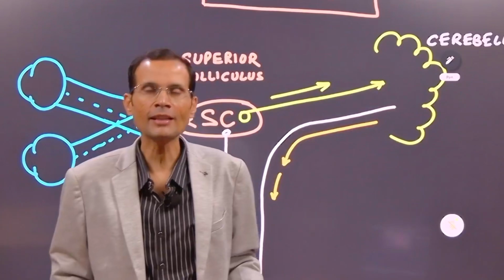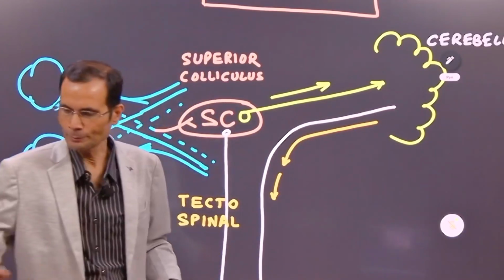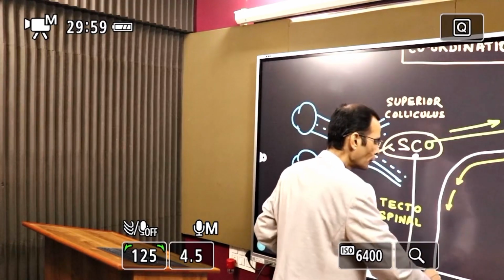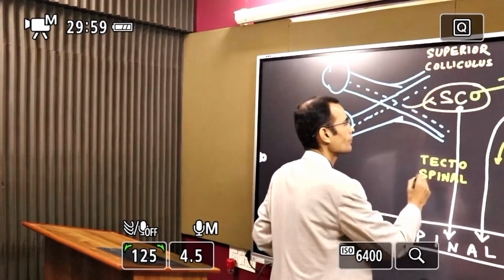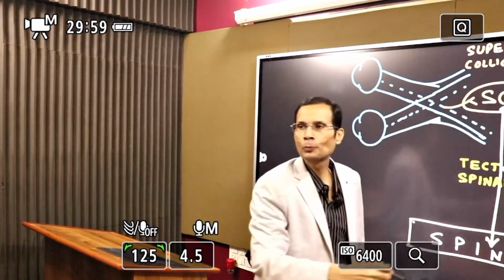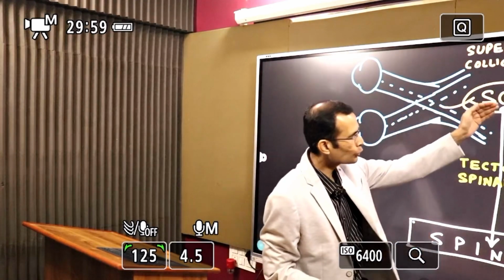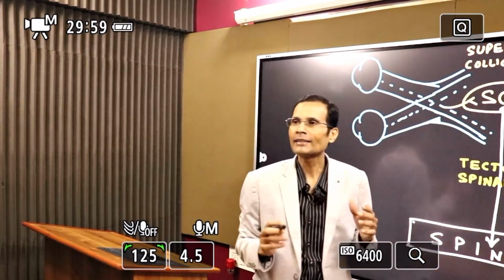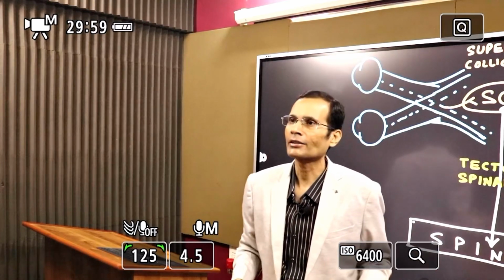Now based on these inputs, the cerebellum will send the output signals onto the spinal cord. In addition to that, the tectum, that is superior colliculus, will also send fibers down on the spinal cord. They are called the tectospinal tract.